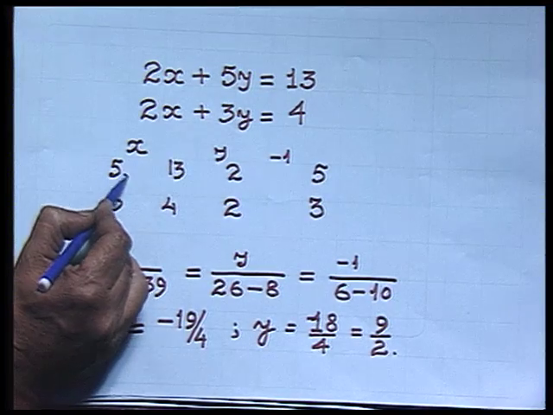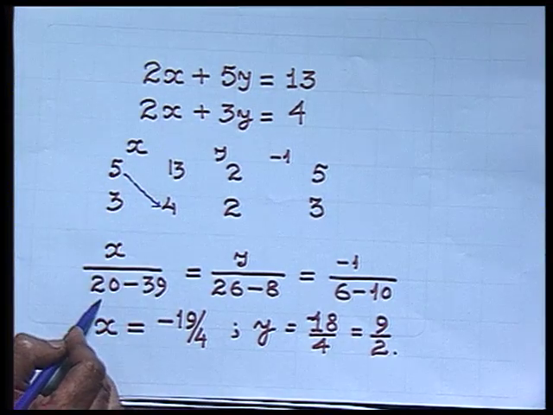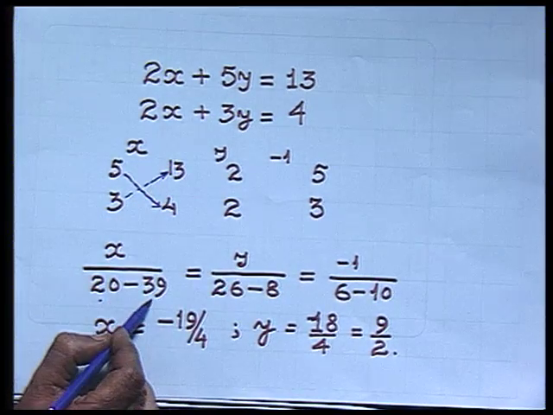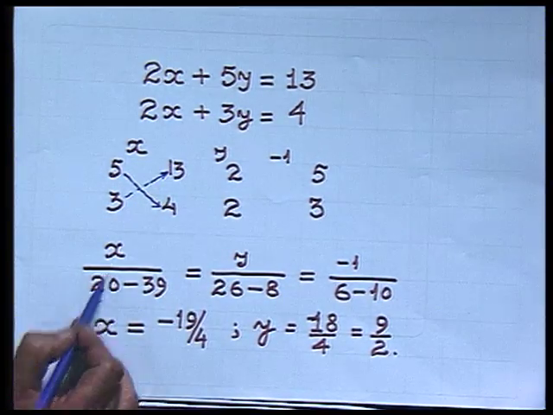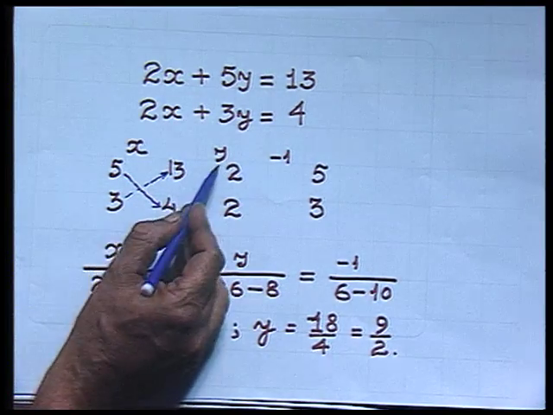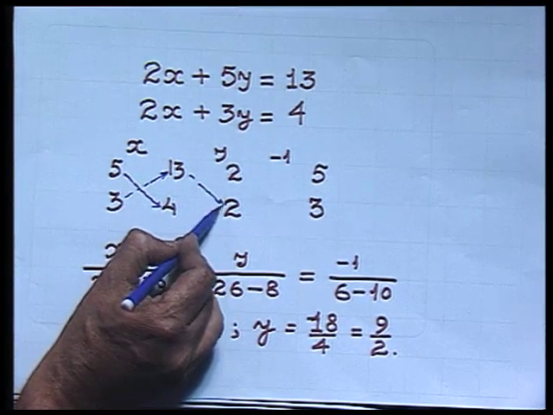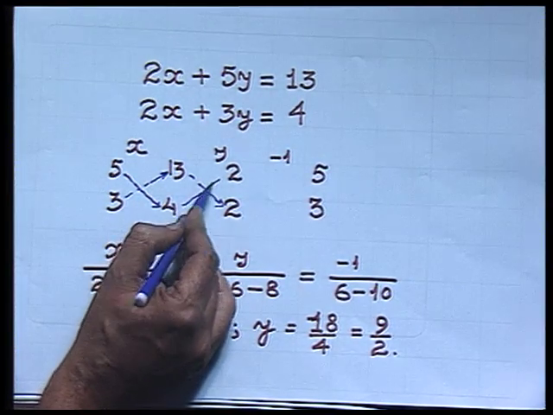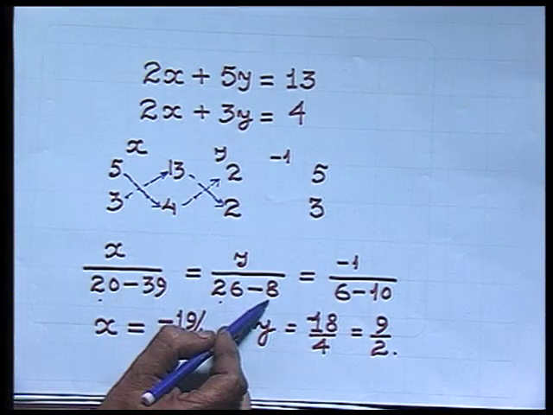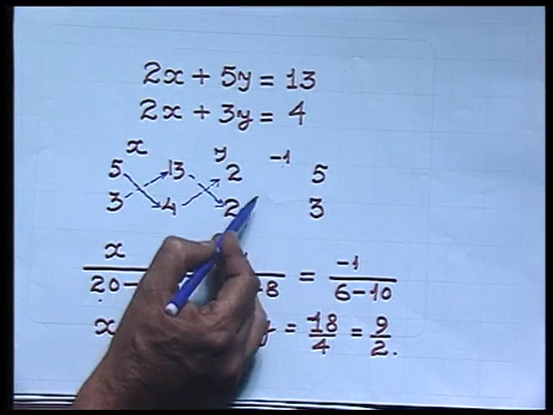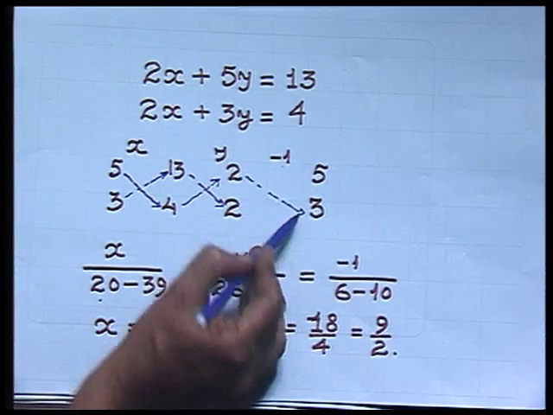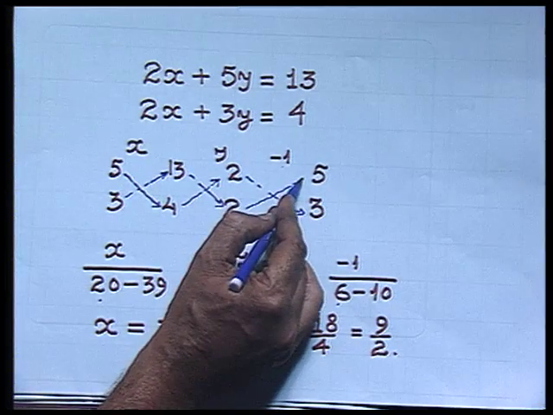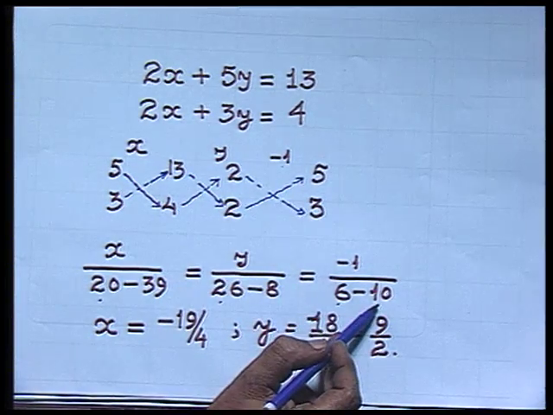This will be x upon 5 times 4 is 20, minus 3 times 13, that is 39. So that is x upon 20 minus 39, and y upon 13 times 2, that is 26, minus 4 times 2, that is 8, and minus 1 upon 2 times 3, that is 6, and minus, we will take away the product of 5 and 2, that is minus 10.